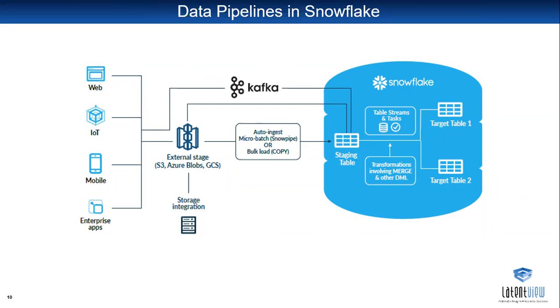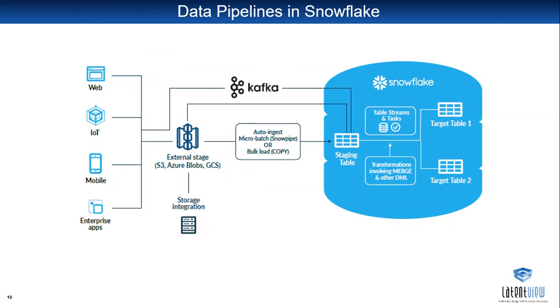We have different connectors in Snowflake, like the Kafka connector, which can help in getting real-time streaming data, and we have the external stage, which can connect to AWS S3, Azure Blobs, Google Storage, and all, and this can also be auto-ingested using Snowpipe, which is a feature available in Snowflake.